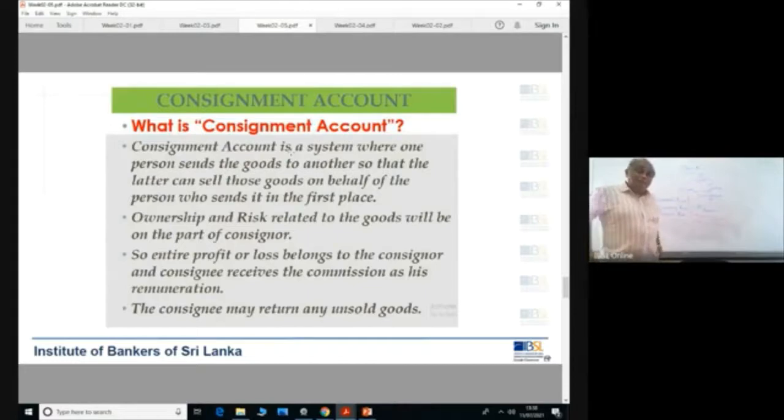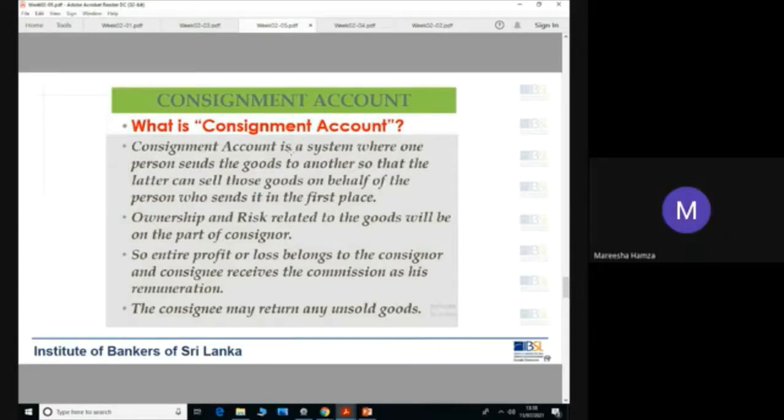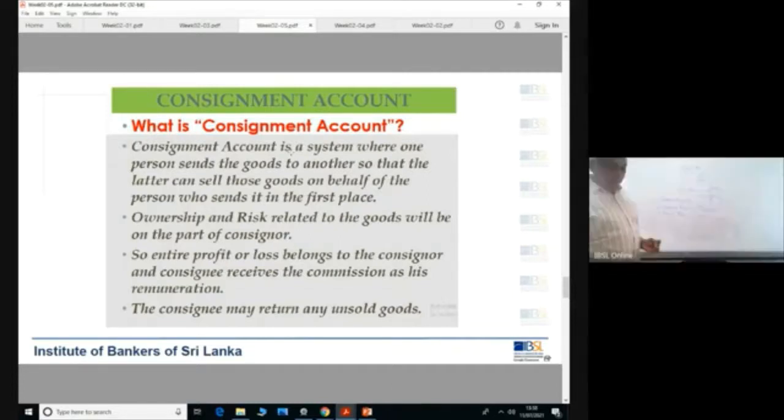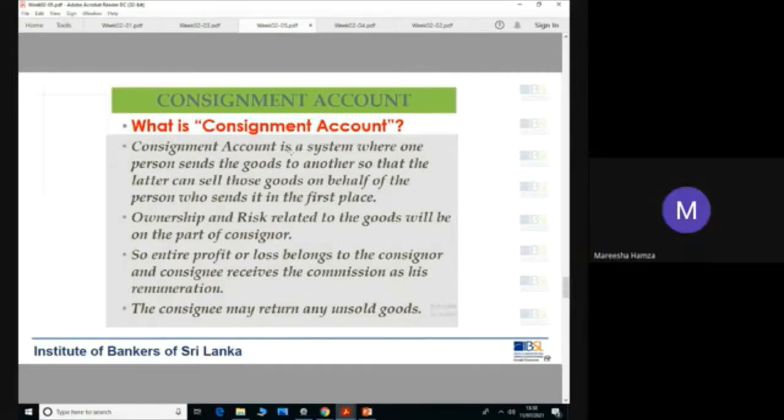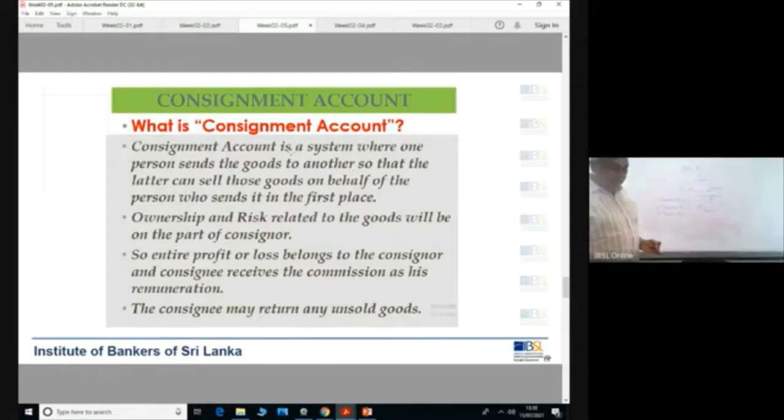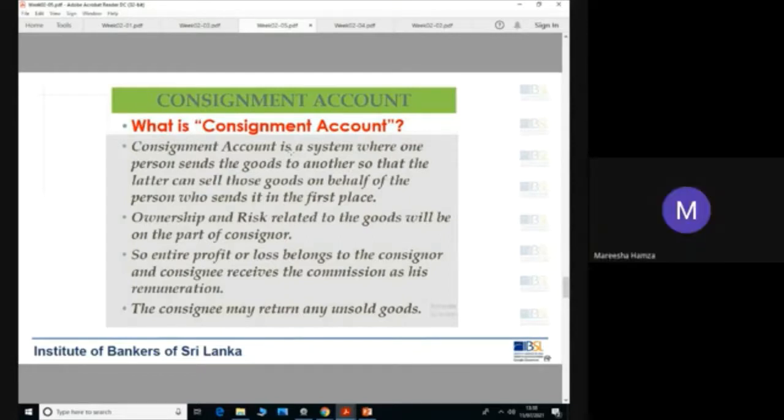And there is another, what we have mentioned, the 4 payment methods. Can somebody tell me the 4 payment methods? Open account, advance payment, documentary collection, documentary credit.